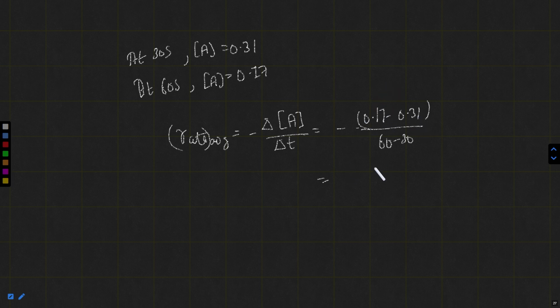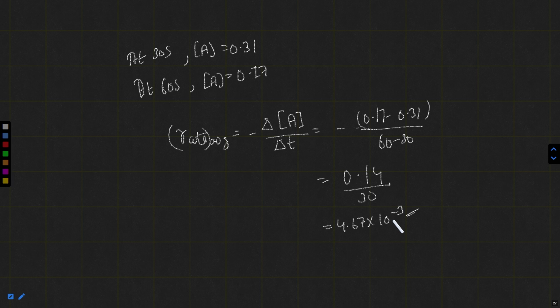What will the answer be? 0.17 minus 0.31 gives 0.14, and this is divided by 60 minus 30, that is 30. So 0.14 divided by 30 is 0.00466, or we can write it as 4.67 × 10^-3.